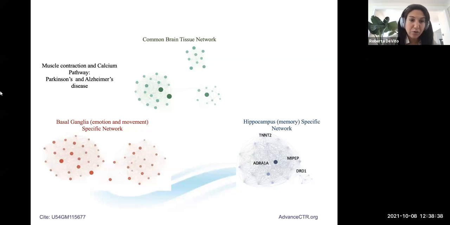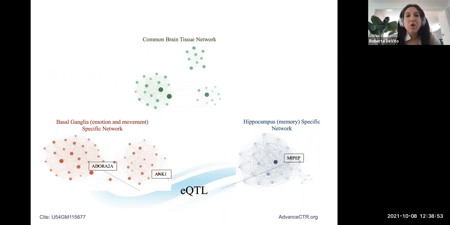Again, I want to see in each of these networks if some of these genes are associated with a SNP, that is, associated with a mutation. And what I discovered is, of course, here I'm reporting a picture. We have other different eQTLs, but there are 3 genes that are related to a SNP.